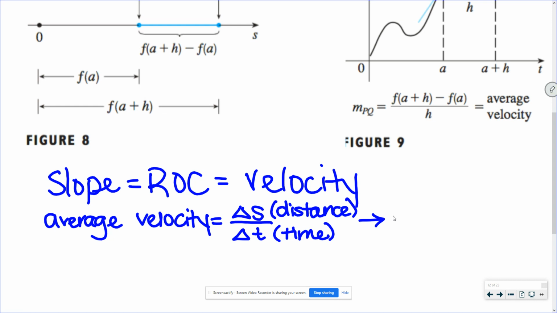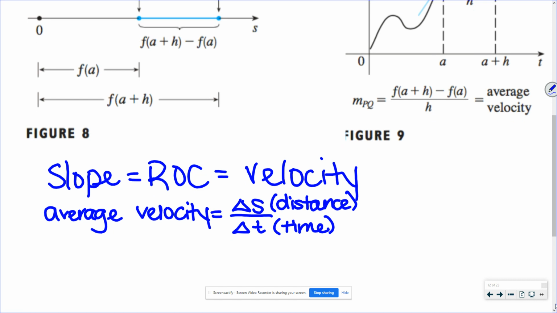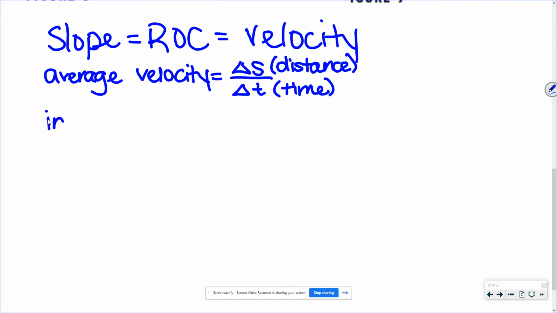That is kind of like finding slope. Your instantaneous velocity is the velocity at one moment in time. Average velocity would be the speed over an interval of time.